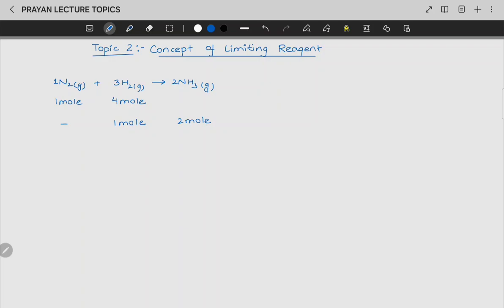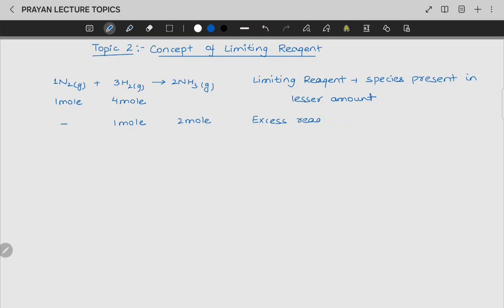So the limiting reagent means the species which is present in lesser amount. The species present in lesser amount is known as the limiting reagent, and the other one will be known as the excess reagent.